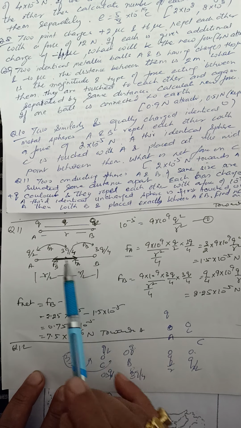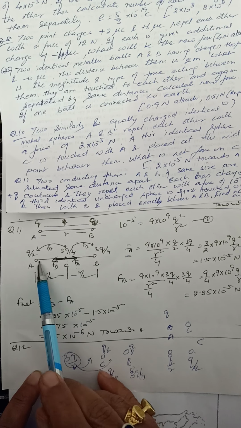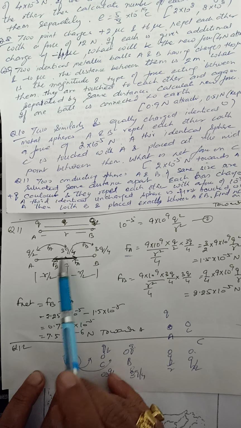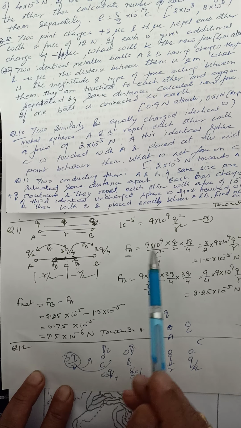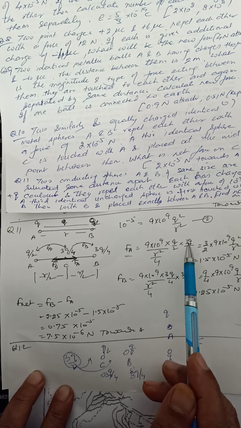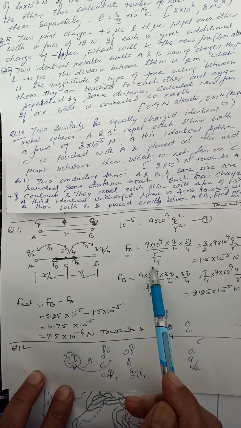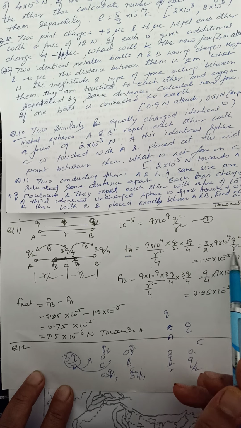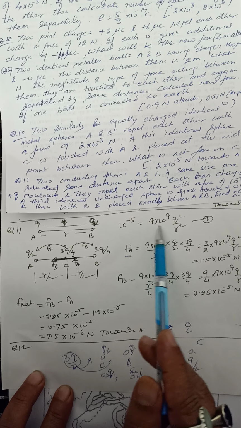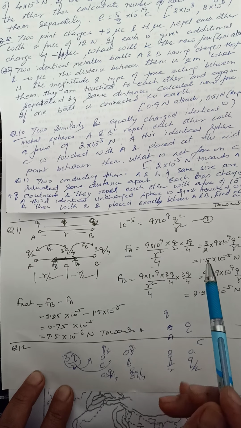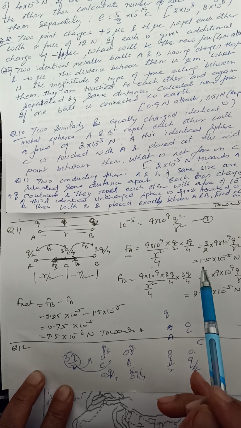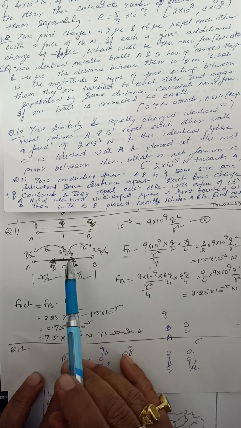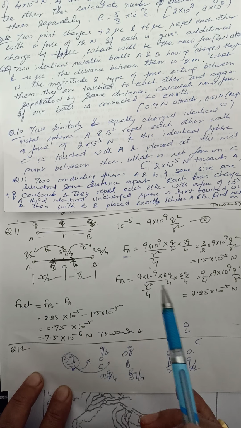FA is the force between these two, A and C. So Q1, Q2, distance is r by 2. 9 × 10^9 q1 q2 upon distance square. 3 by 2 into 9 × 10^9 q square by r square. 9 × 10^9 q square by r square is from the first equation, 10^-5. So on solving it becomes 1.5 × 10^-5 Newton. And the direction of FA is towards right.